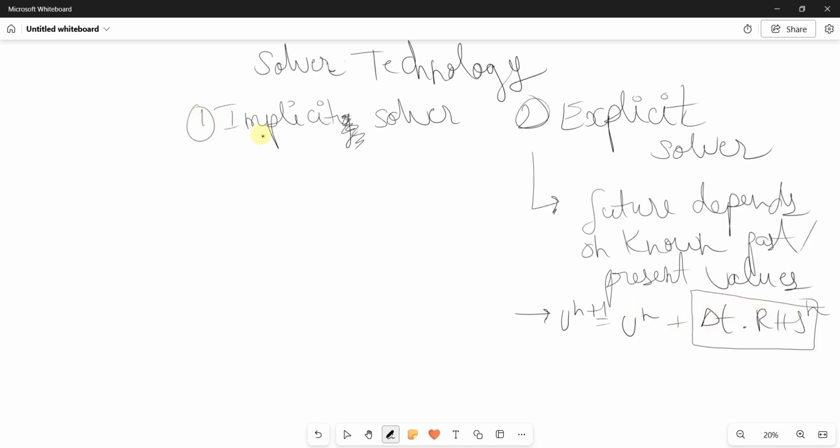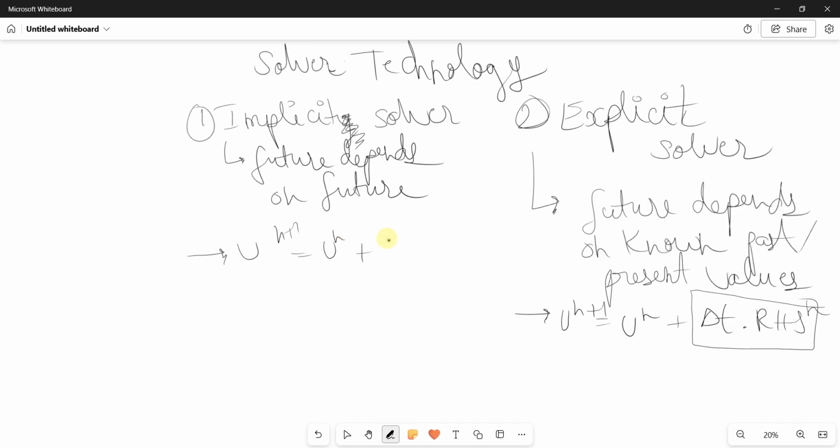Now if I talk about implicit solvers, it's just the opposite. So your future depends on future. Just remember it like this. So just take the general equation of u^(n+1) is equal to u^n plus delta t times RHS at n+1.